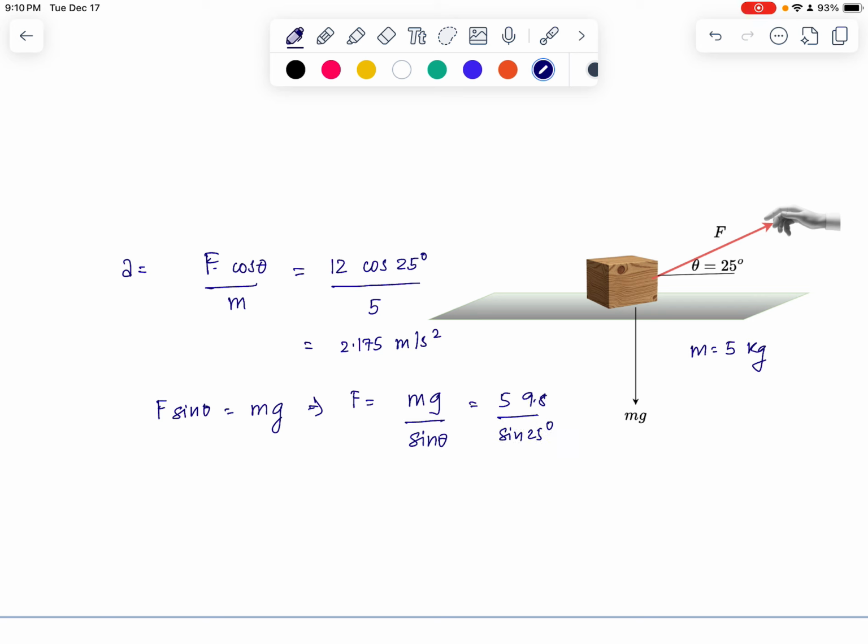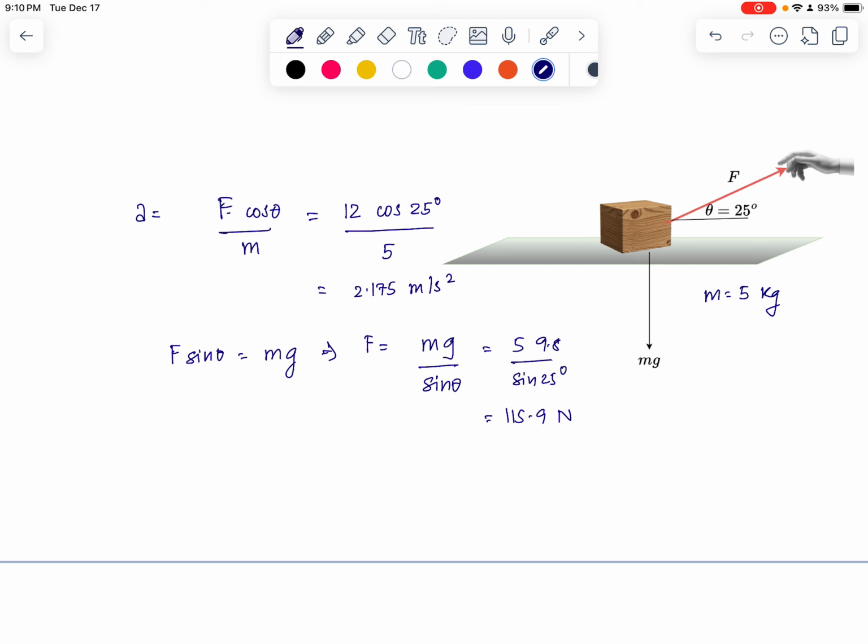It is 115.9 newtons. So the acceleration here is the same as what we saw earlier, F times cosine theta divided by m, equals 115.9 times cosine of 25 degrees divided by 5, and that equals 21 meters per second squared.